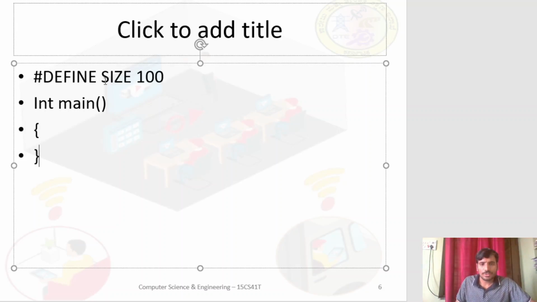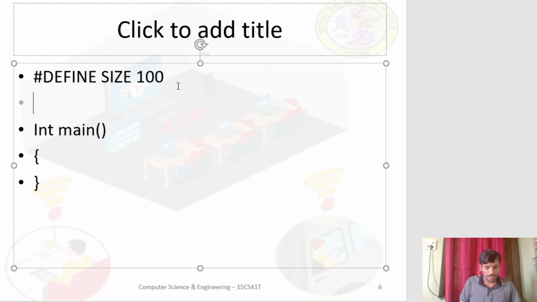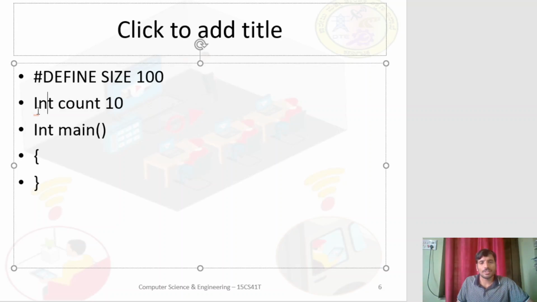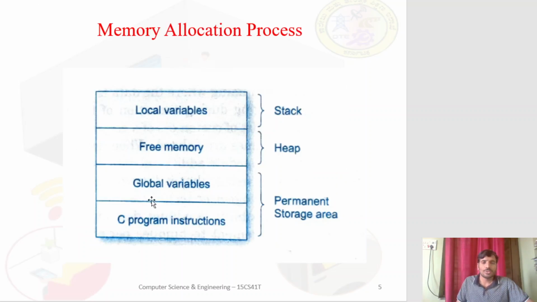So this size variable will become a global variable. Or like int count equal to 10. So this count of type integer will also become a global variable. Such variables are stored in the permanent storage area.